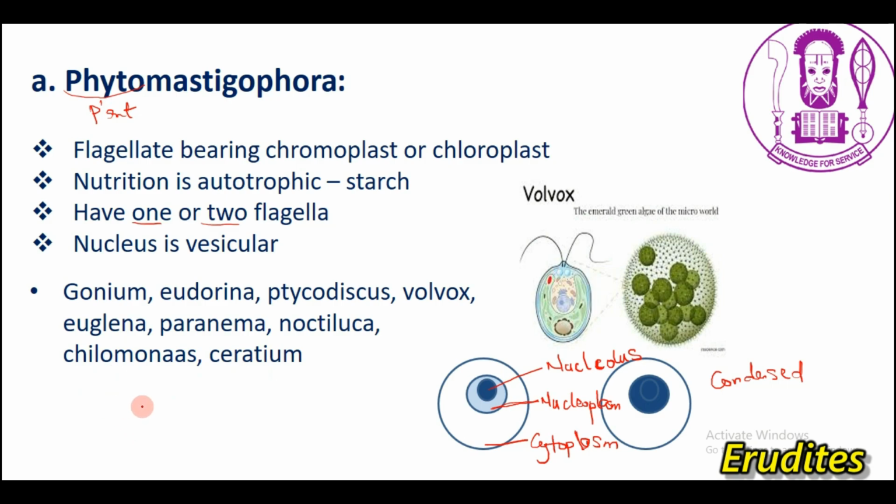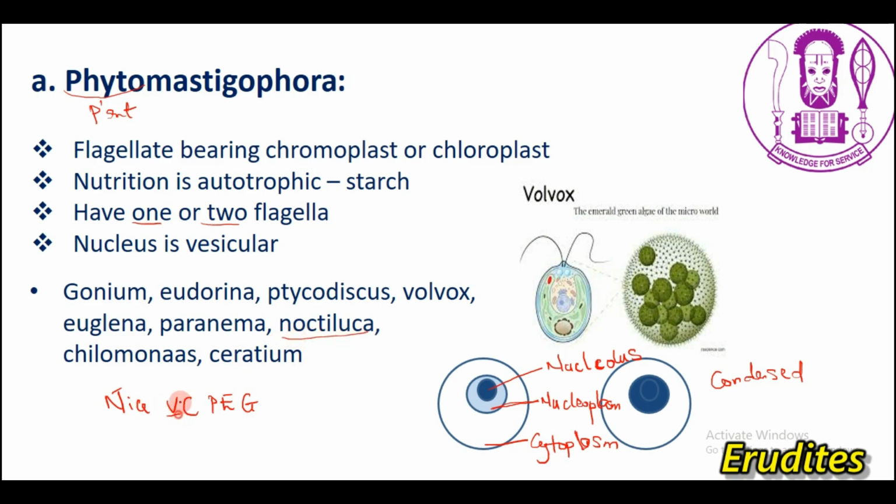Chilomonas, and Serratium. Like I've mentioned before, you can use the acronym NICE VCPEG to remember some of the examples under this class. The N is for Noctiluca.